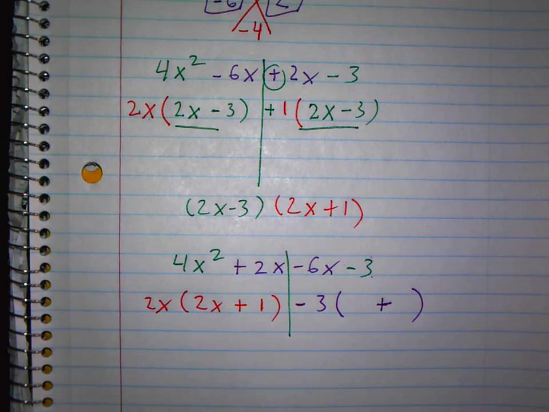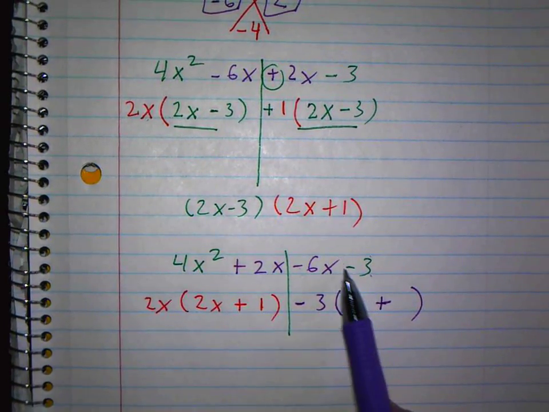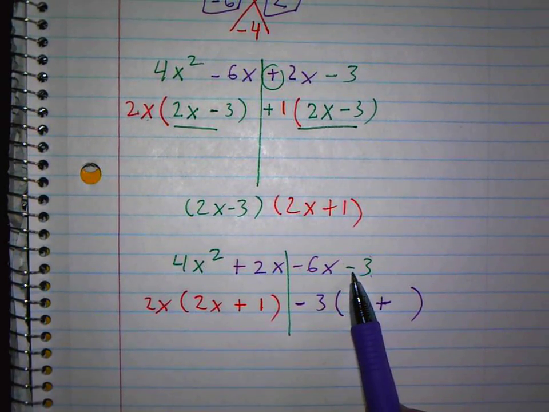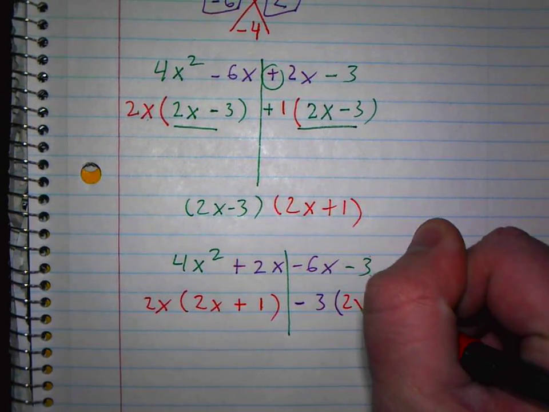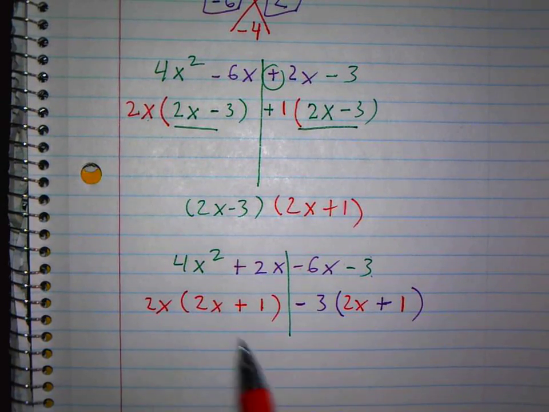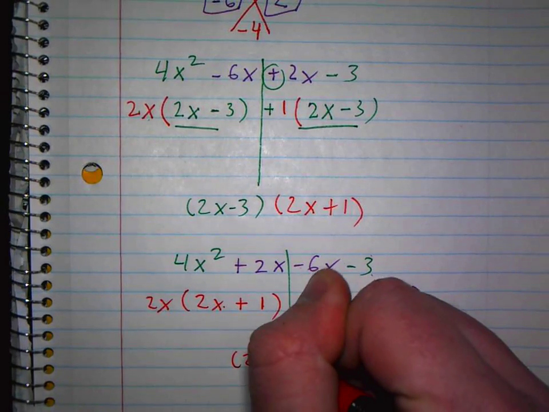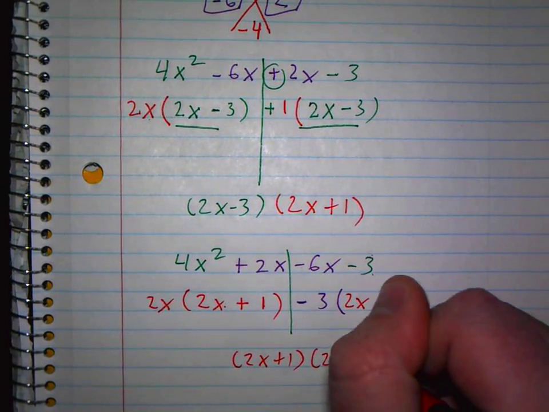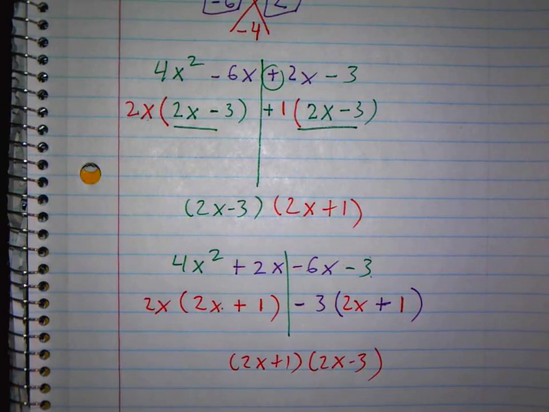Okay, so keep that in mind, that if you pull down a negative on the right side, that changes that, because negative times positive is negative, that's why. And I'd be left with a 2x plus 1. So I get 2x plus 1, 2x minus 3. So notice, same answer.